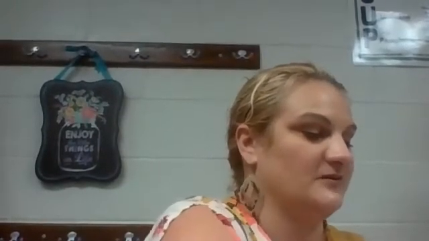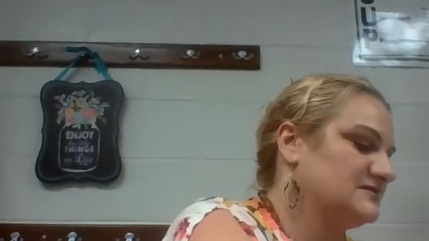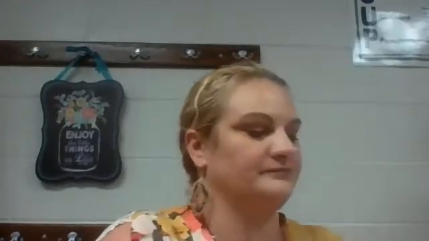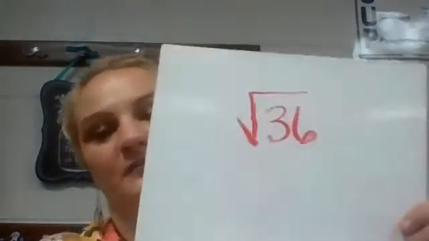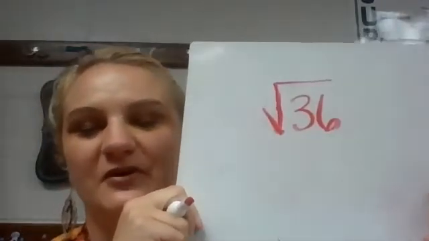Okay, so with each and every single one of these, your goal is to find the perfect squares and pull them out. So let's try this one. The square root of 36, is that a perfect square root?